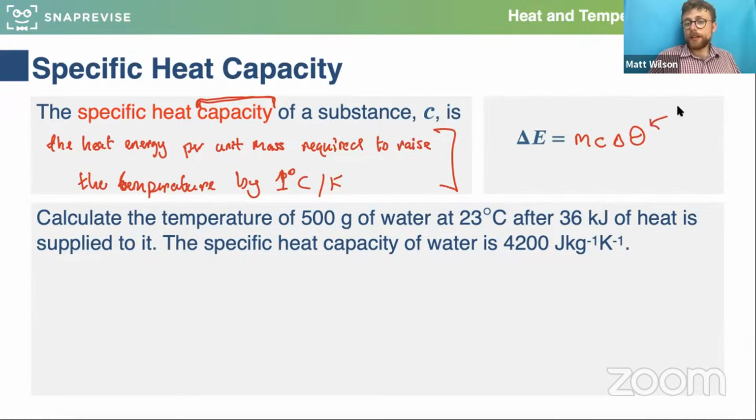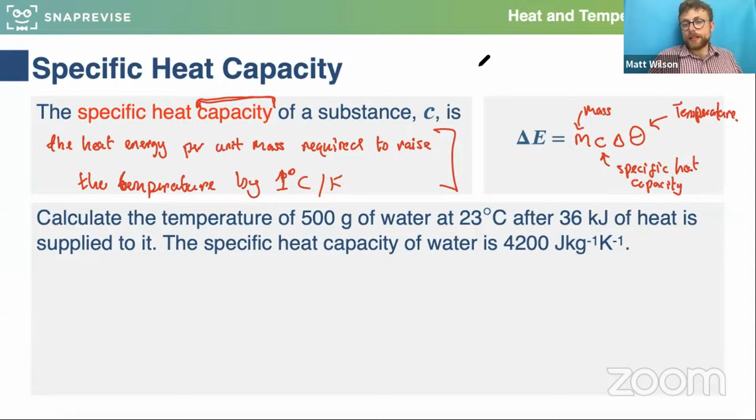This delta theta here represents change in temperature. We sometimes use theta rather than T to represent temperature. This C here is what we called the specific heat capacity, the thing we were defining in the previous line. And this here is mass.